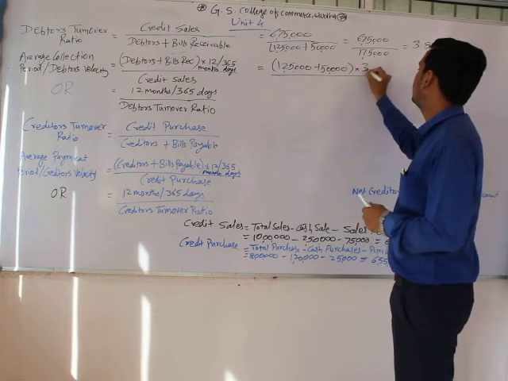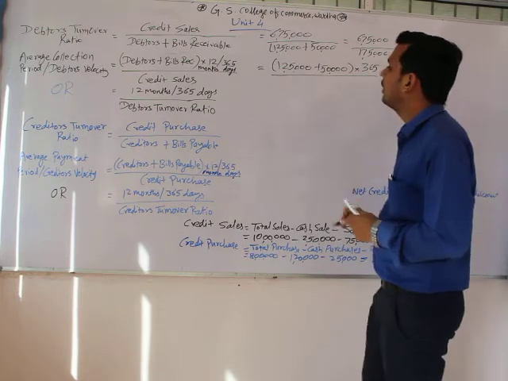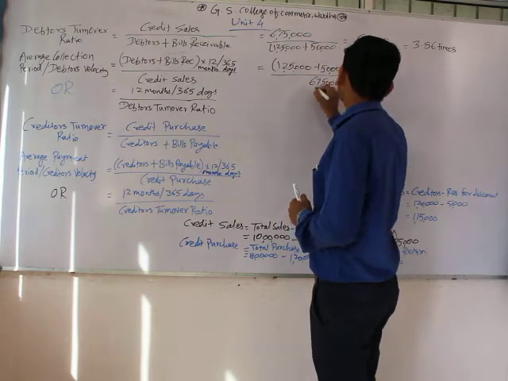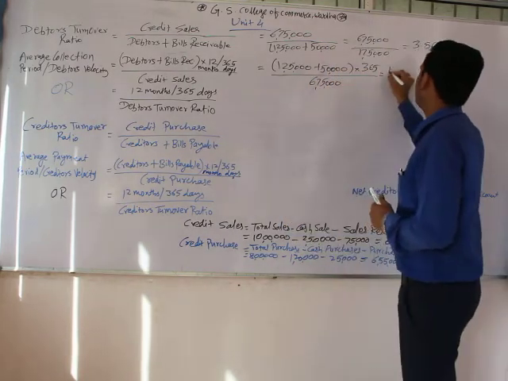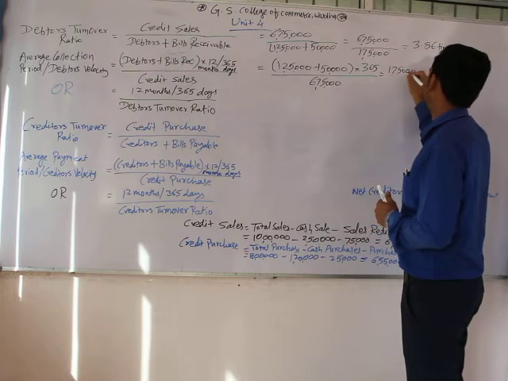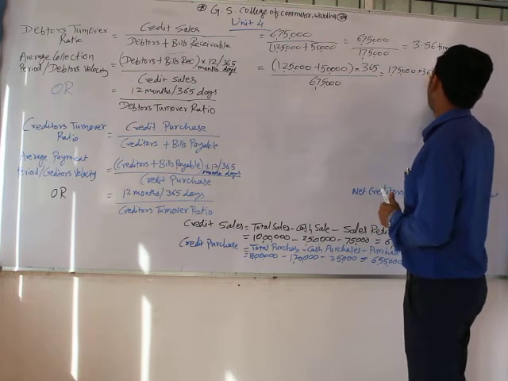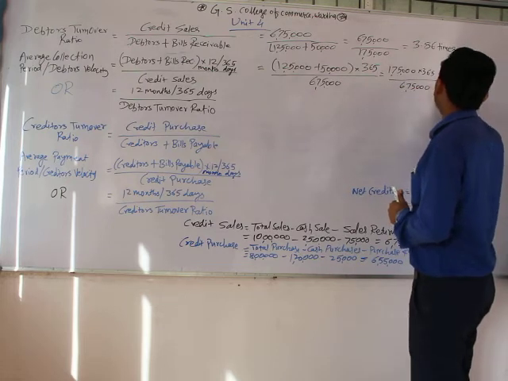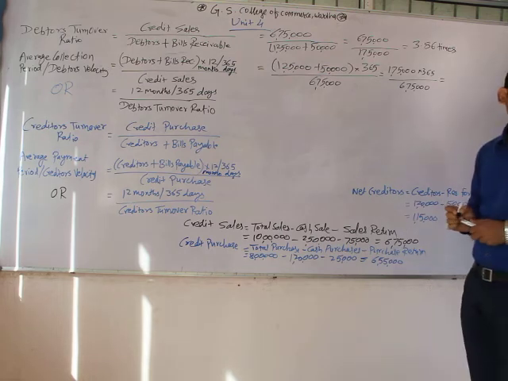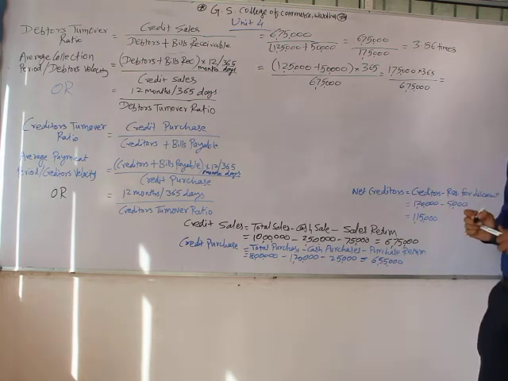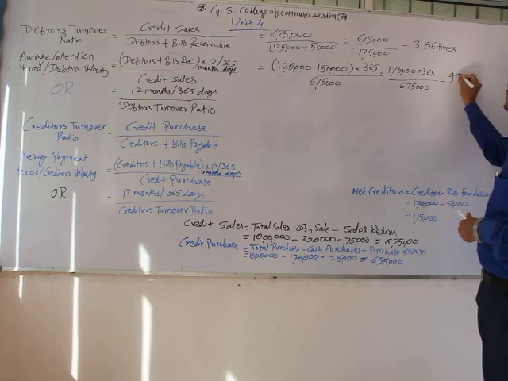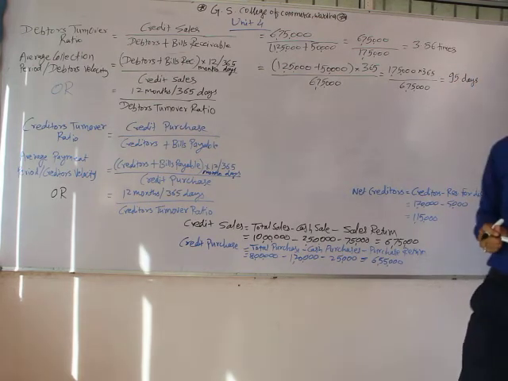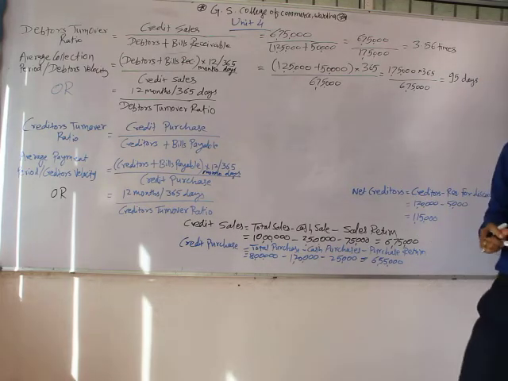Therefore, we take 365 days divided by credit sales, which we calculated as 6,75,000. That is 1,75,000 into 365 divided by 6,75,000, which is equal to 95 days. This was the calculation of average collection period.